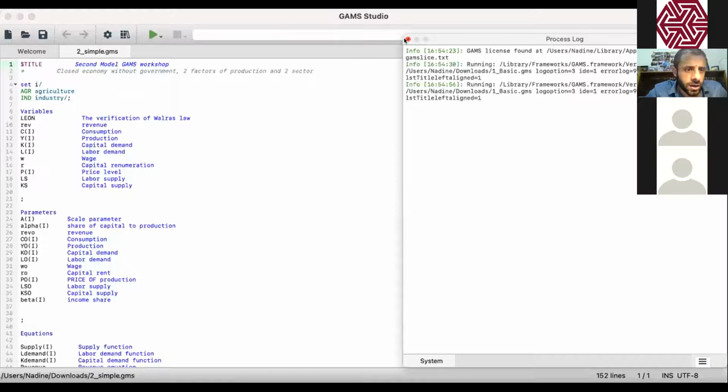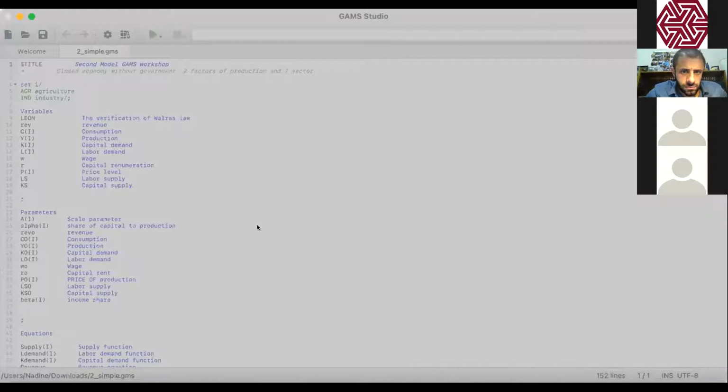Click on the settings button. The settings, yes. Can you see the window of the settings? No, this is the problem.